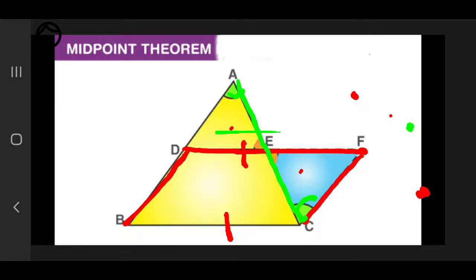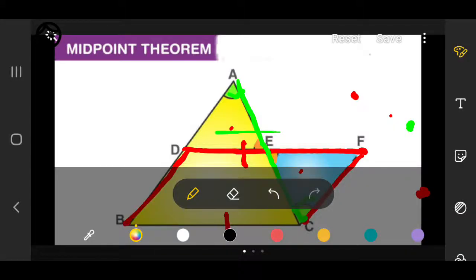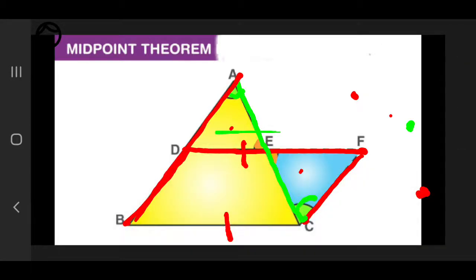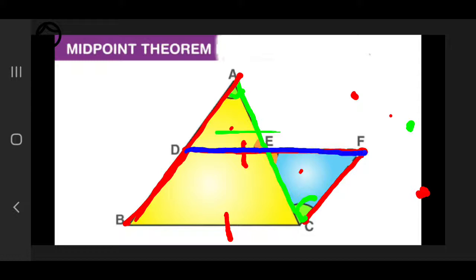And also here, AB is parallel to CF. So we can consider DF its transversal. For the line AB and the line CF, we know that they are parallel, and this DF is their transversal.